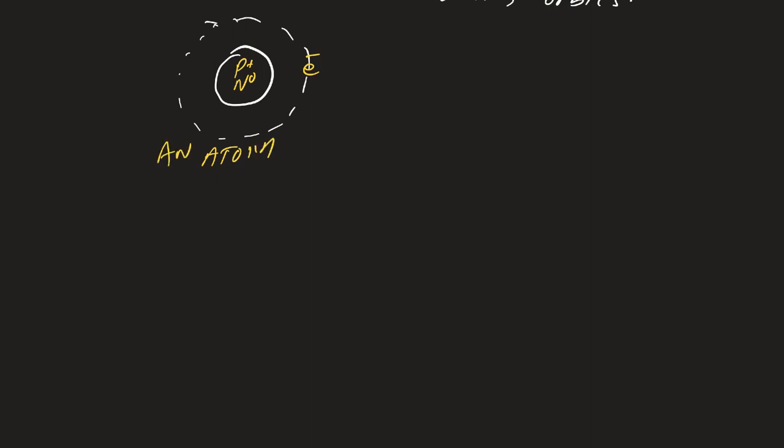If we are able to calculate the mass of an atom, let the mass of an atom be m1. This atom consists of proton, neutron and electron.